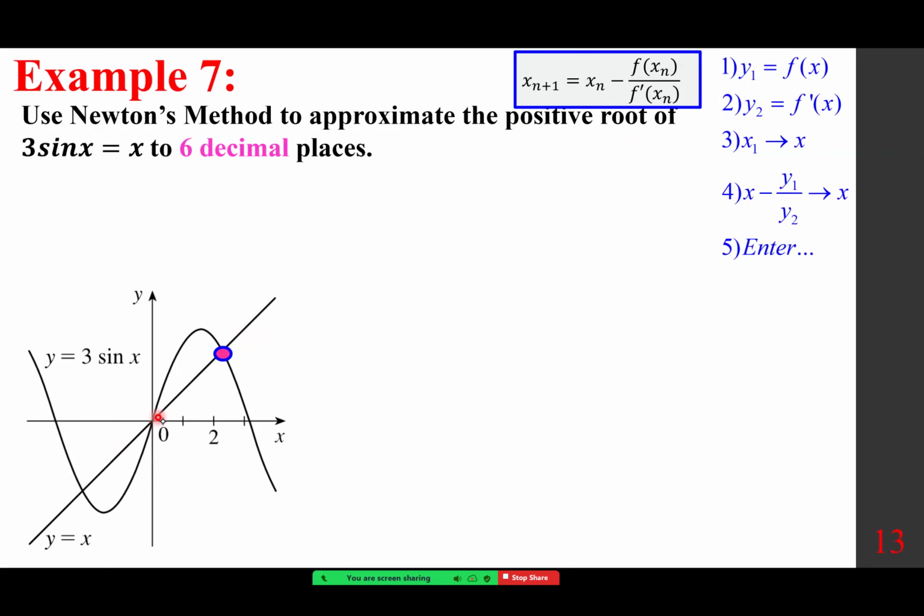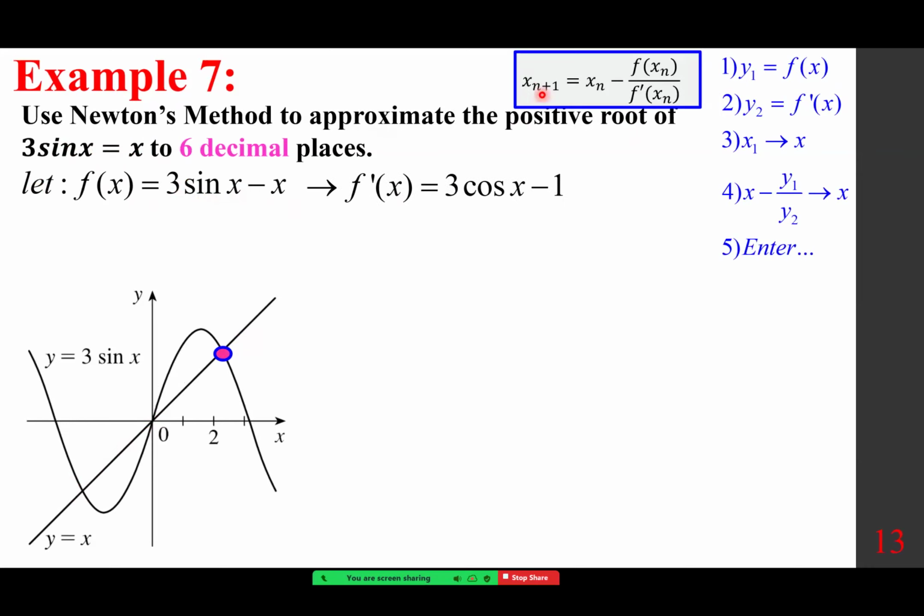And so the function, of course, will be just bring them to the same side. Doesn't matter to the right or left. So either x minus 3 sine x or 3 sine x minus x makes no difference. The derivative f prime would be 3 cosine x minus 1.